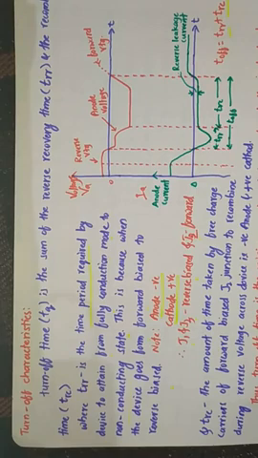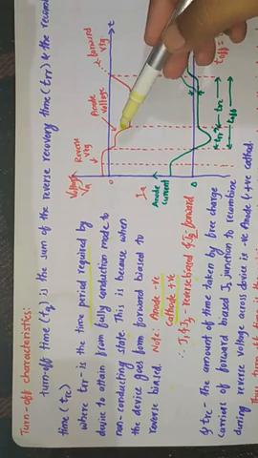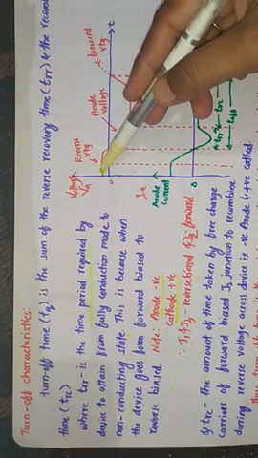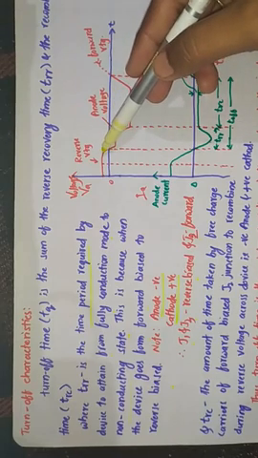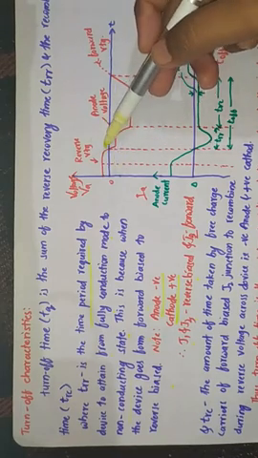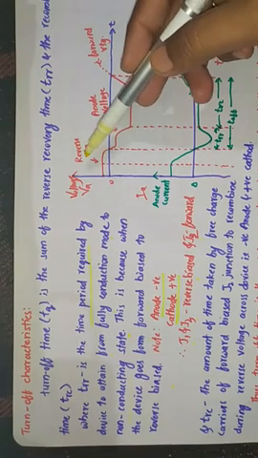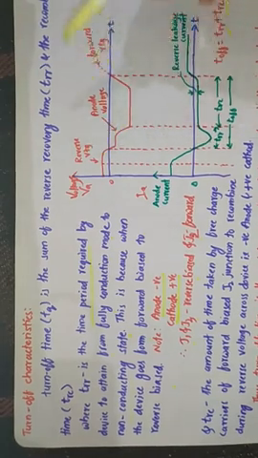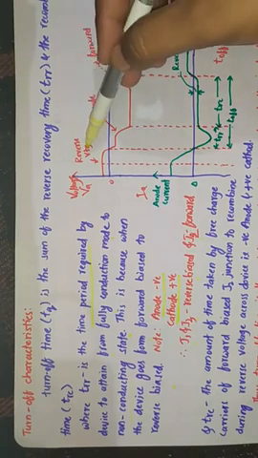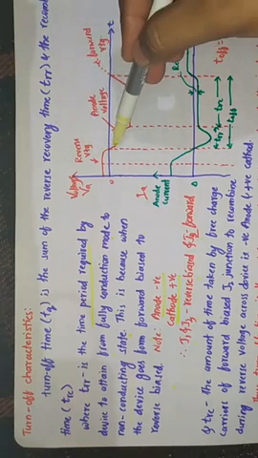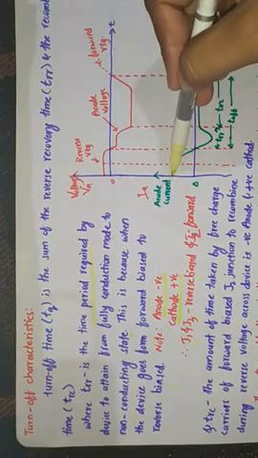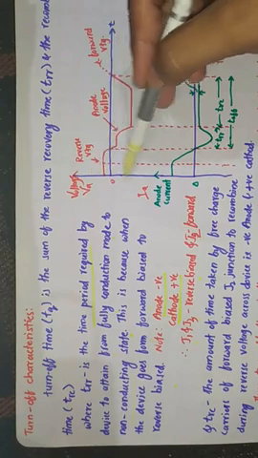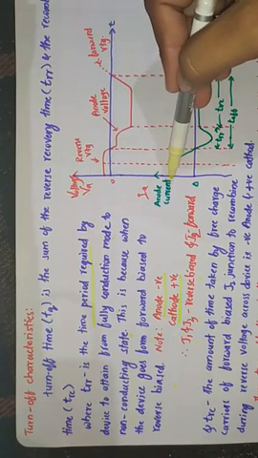You can see there is a change in the current as well as the anode voltage. Here there is a reverse voltage, because a small reverse blocking current will be there. Then at some point it transits here, during which your anode current will be high because it is coming from the conduction mode, the on state.